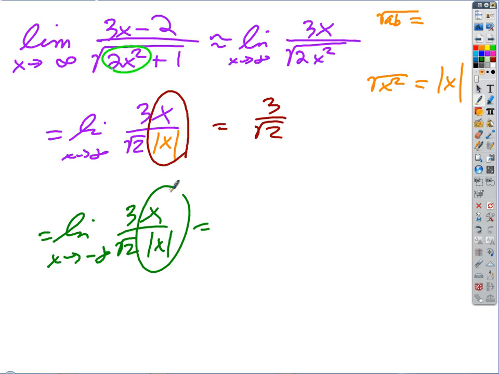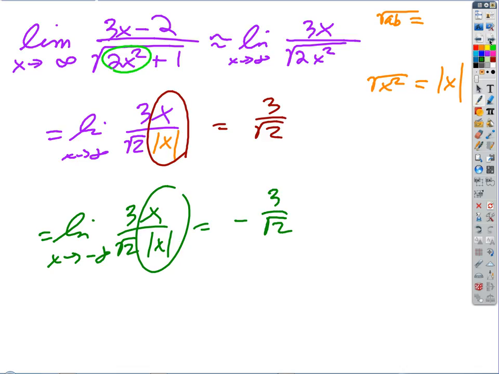Negative 1 times 3 over the square root of 2, right? Oops, I guess that is backwards. There, like that. So we don't get one asymptote for this function, we get different asymptotes left and right. Okay?